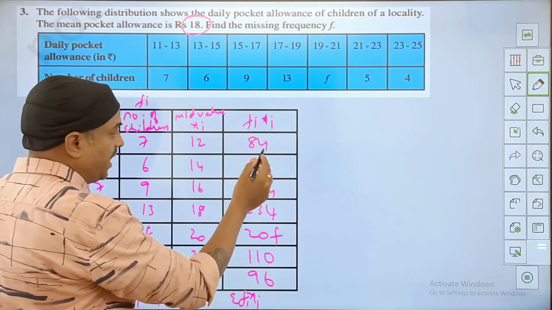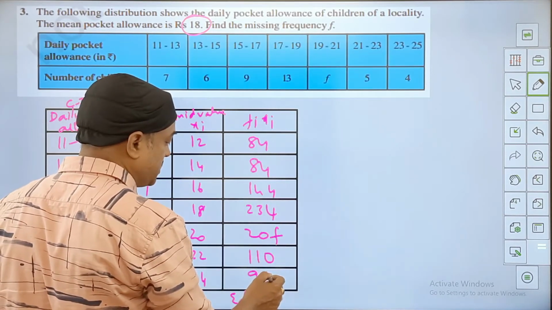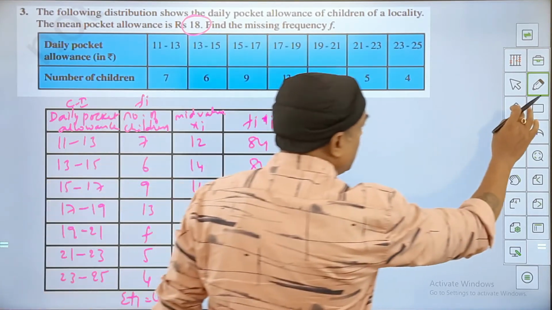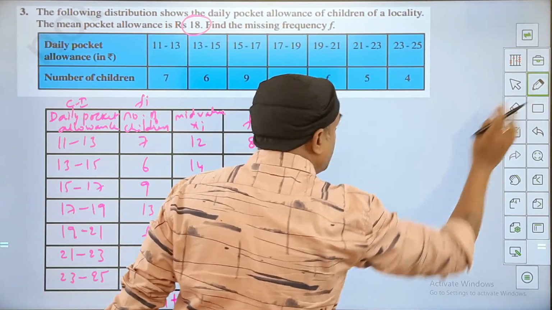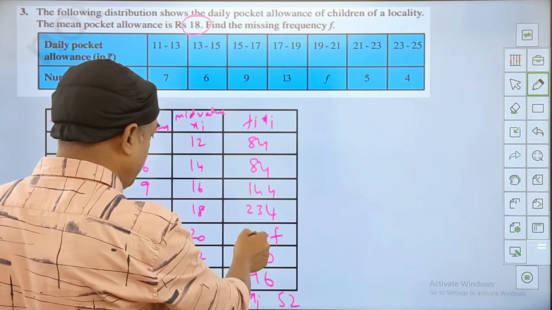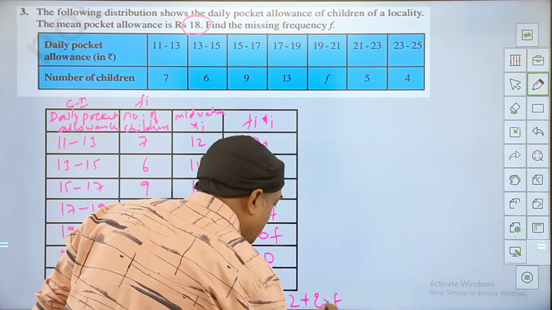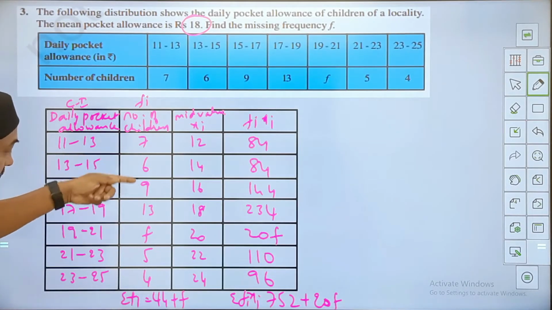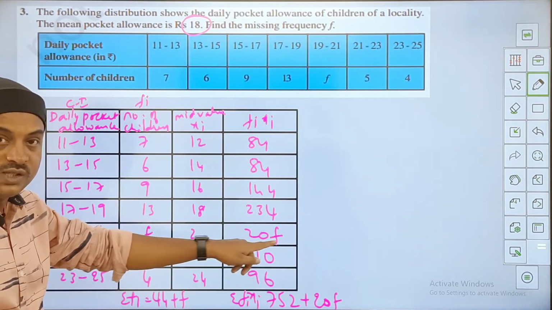It will be something like 84, 84, 144, 234, 110 and 96. Something like 750, say I got 752 here, with carry. 752 plus 20F is what I got. Okay, all of you, just need to add the numbers. I got here 44 plus F. Please do not forget to write plus F here, and all these with plus 20F.